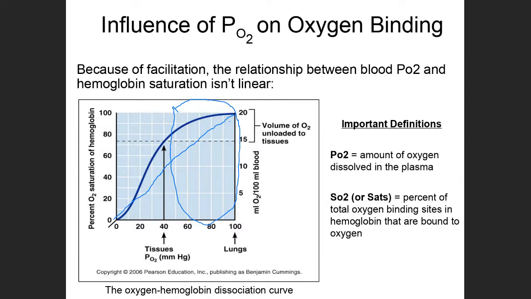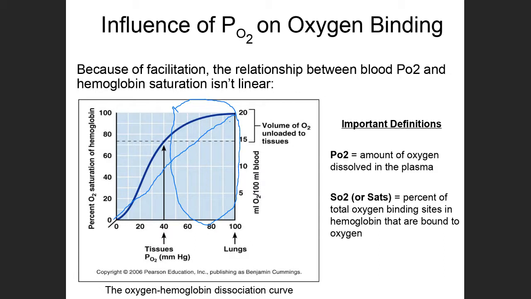When there's a high concentration of oxygen in the plasma, there is no reason for hemoglobin to be giving up its oxygen, and instead it holds on really tightly, and it's very hard to break away that first oxygen molecule from the hemoglobin. If you look at this, you'll notice you can have a drop from 100 to 50.